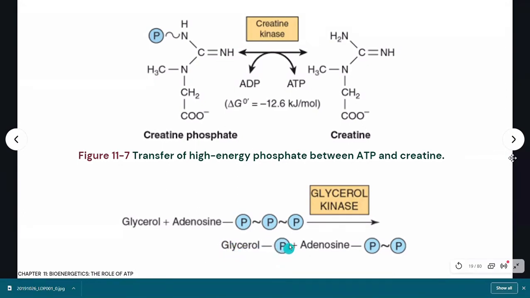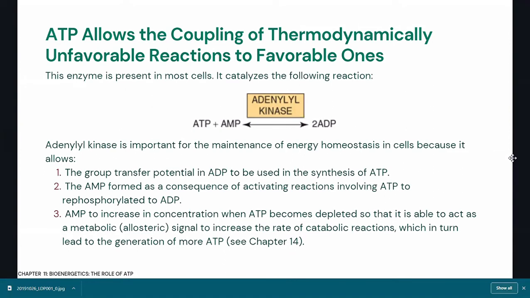This becomes a reactive compound, while glycerol is not reactive. Because the phosphate is on the number 3 carbon, glycerol 3-phosphate becomes a reactive compound. So ATP allows coupling of thermodynamically unfavorable reactions to favorable ones.